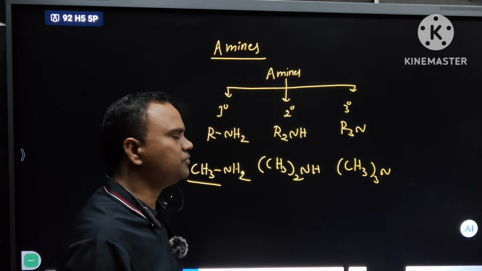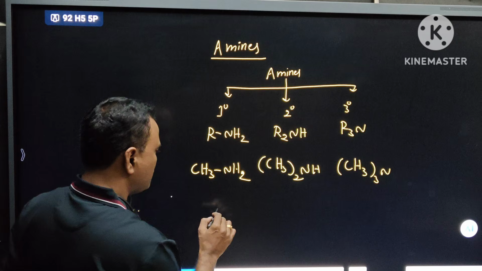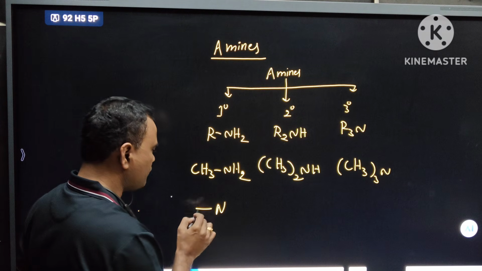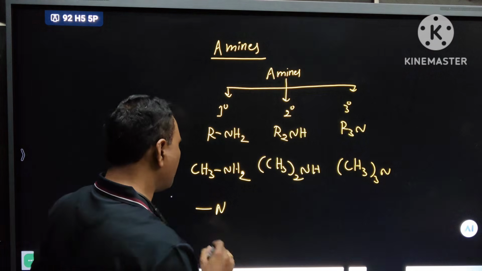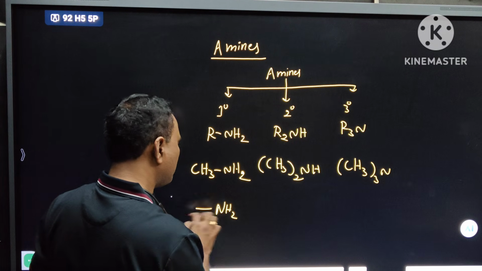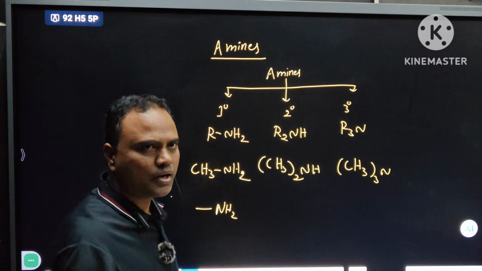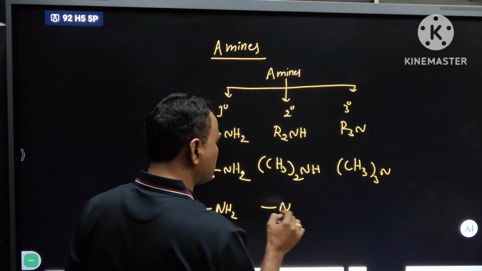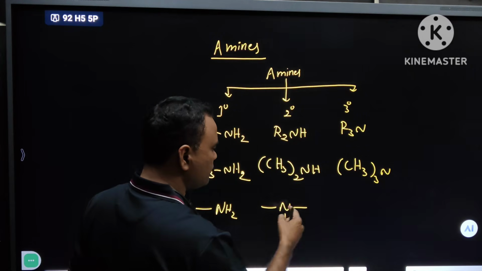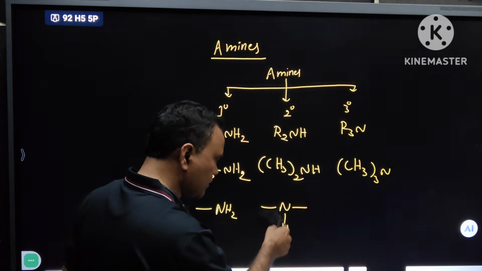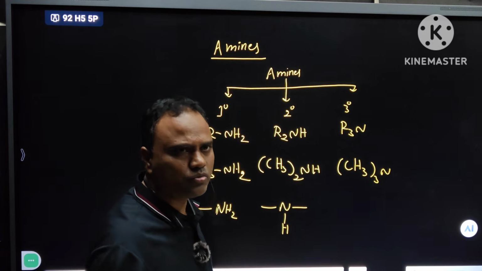Or you can remember it like this also. If nitrogen is connected to one bond, one R group, remember that hydrogens are not considered as groups or bonds. If nitrogen is connected to two lines, this is one bond, this is one bond; don't think hydrogen is also a bond.